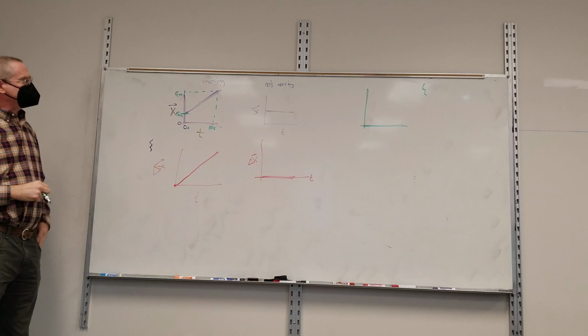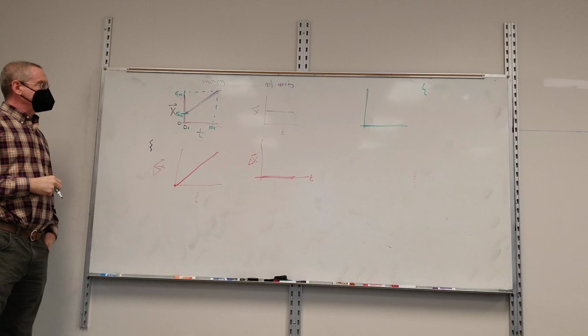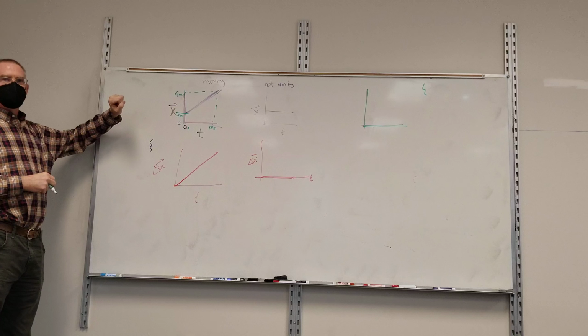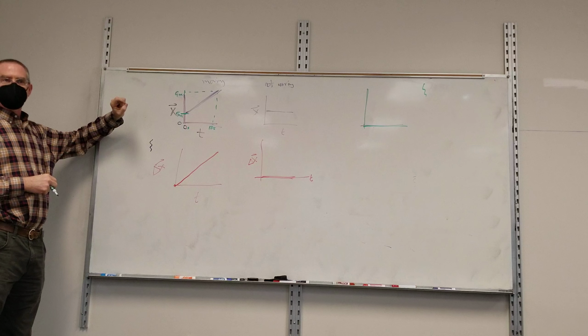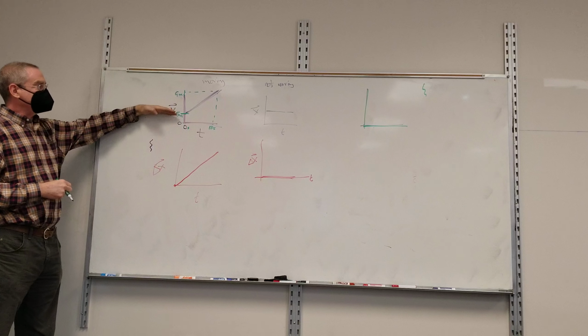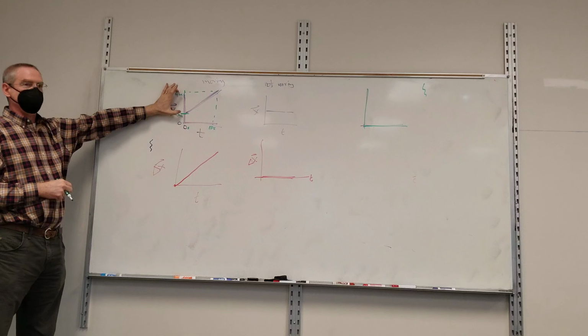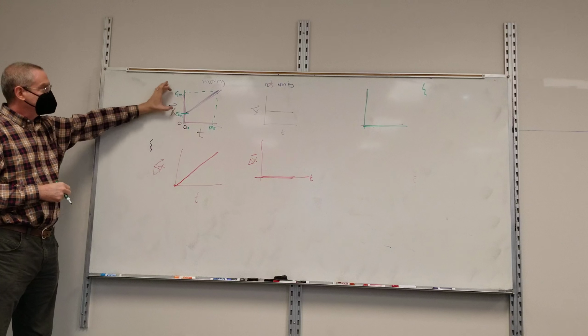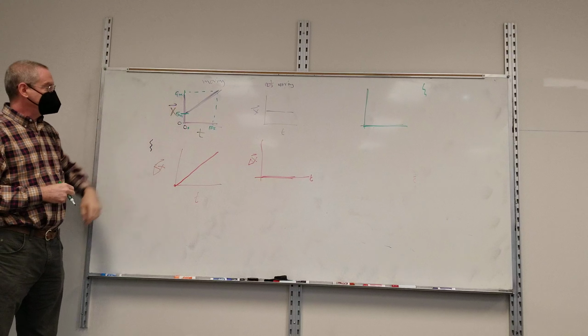So over that 10 seconds, what's my displacement? 9 meters would be my position after 10 seconds. What's my displacement? 4 meters? Yes. I started here, I went to here, my displacement is how far I've gone relative to where I started. So displacement is 4 meters.